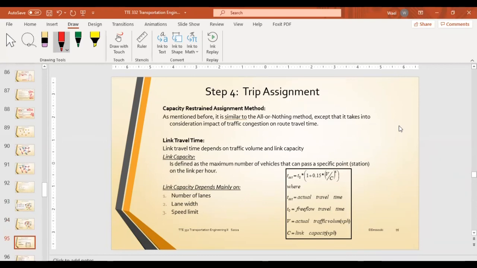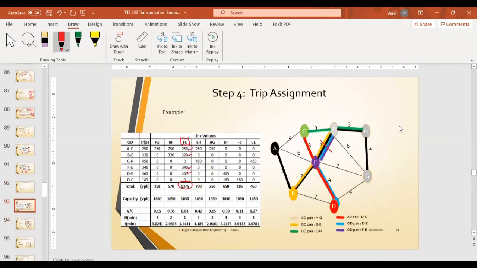So basically, the capacity restrained assignment method takes into account the volume on the link. In this way, we don't use the all or nothing. We use an incremental approach. That means we load the network stepwise. We don't put all the traffic at once. We do it in increments. The trips are assigned in maybe 10% steps.